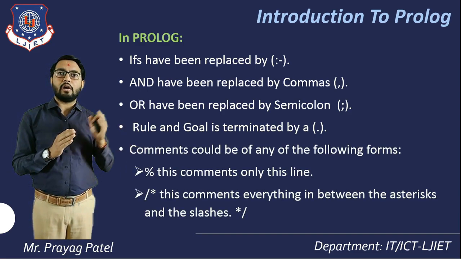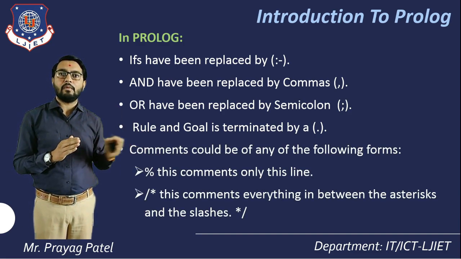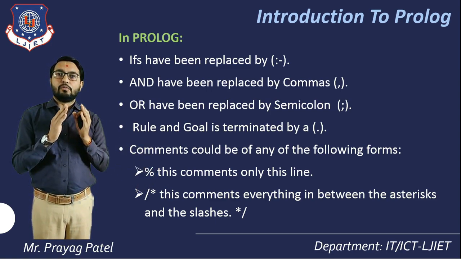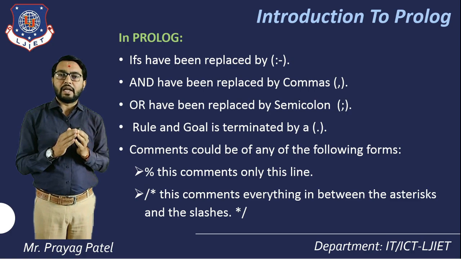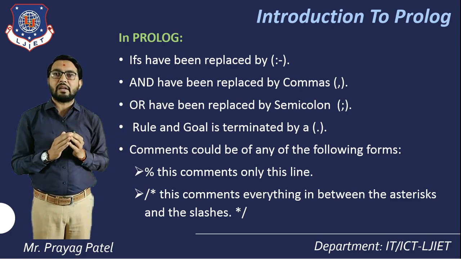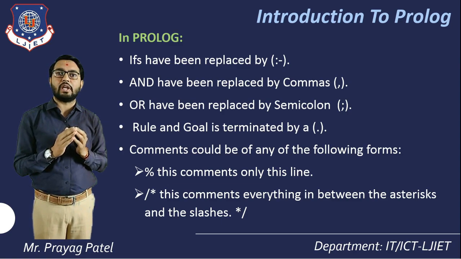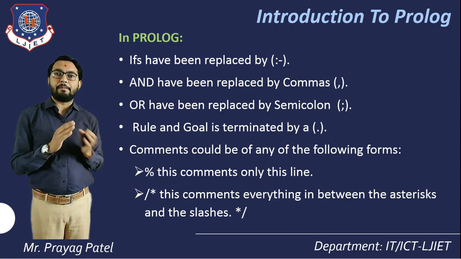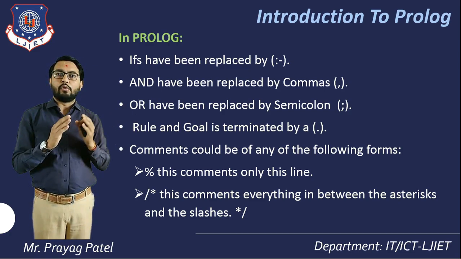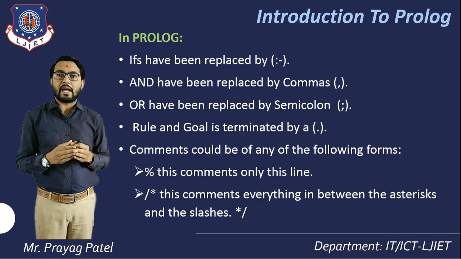So the full stop is used for the end of your rule or the end of your goal statement. Comments could be of any of the following forms. If we write the first symbol, the percentage sign, then only one line is considered a comment line. The second option is the slash and asterisk symbol for representing multiple lines as a comment.